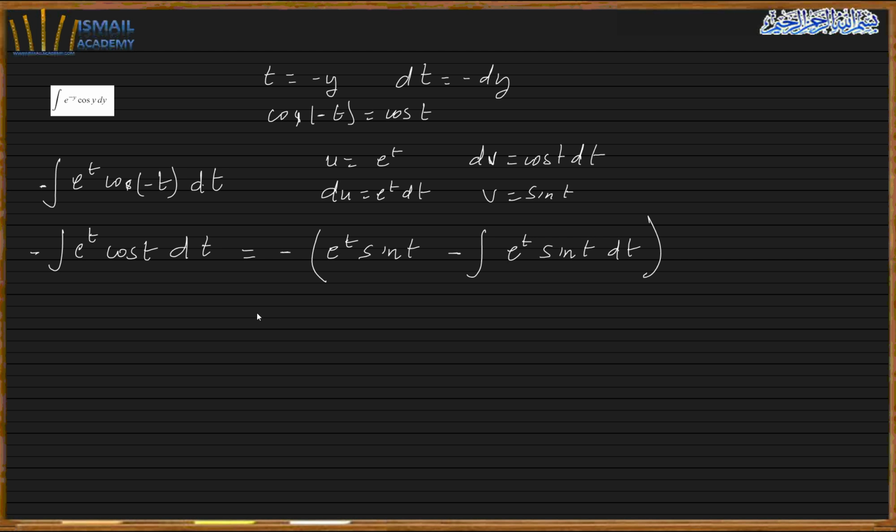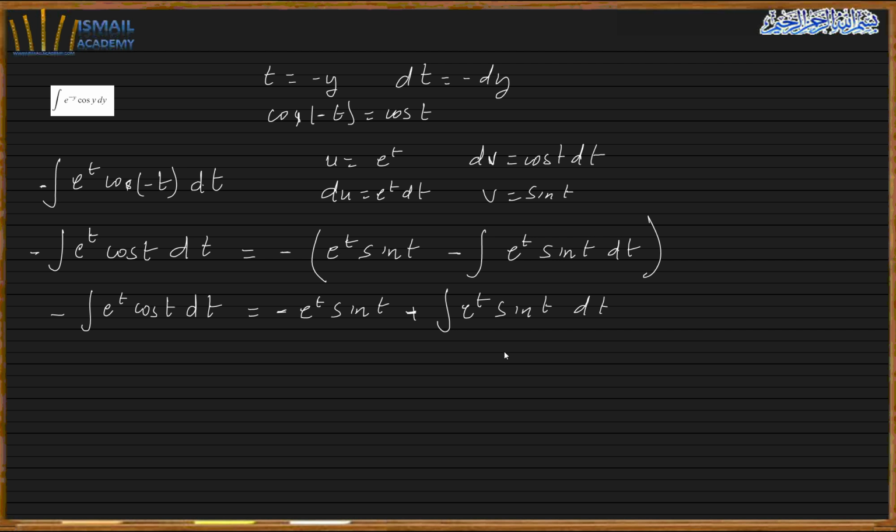I distribute the minus, and it'll be e to the t sine of t plus the integral of e to the t sine of t dt. And when we have two rotating functions together, always keep moving down the quotient, because when they are rotating, that means this quotient will appear again. That means the same quotient will appear on the other side.